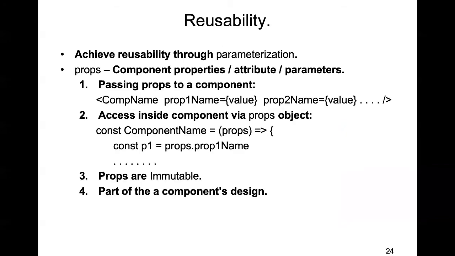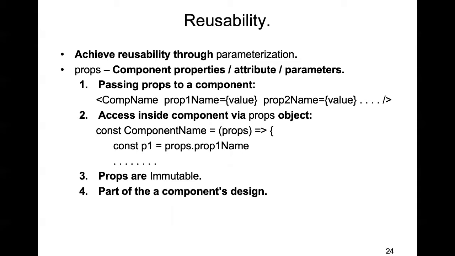In the React world, the React documentation refers to the parameters that you pass into a component as props, which I presume is short for properties. So a component's properties or attributes or parameters.